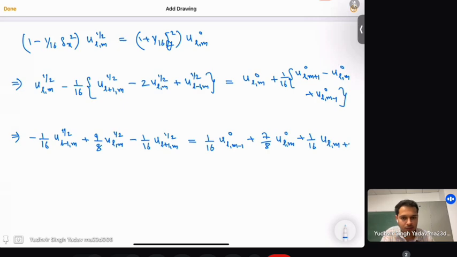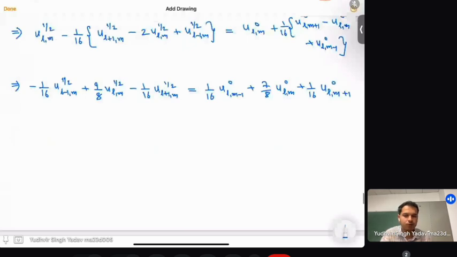So this is the most simplified version of this equation. So we will try to solve this one in order to find the solutions at the half time step.